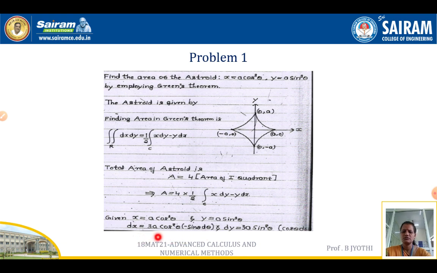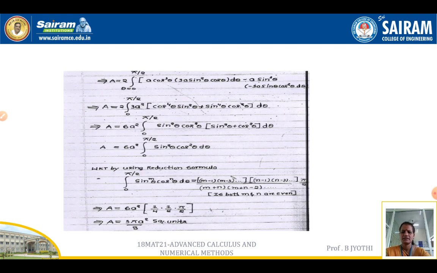So dx is equal to 3a cos square theta into minus sin theta d theta, and dy is 3a sin square theta into cos theta d theta. So now A is given by twice the integral of theta varying from 0 to pi by 2, a cos cube theta into 3a sin square theta cos theta d theta minus a sin cube theta into minus 3a sin theta cos square theta d theta.